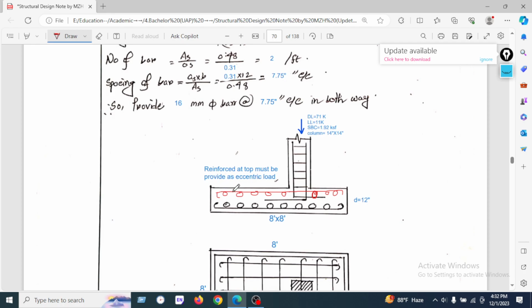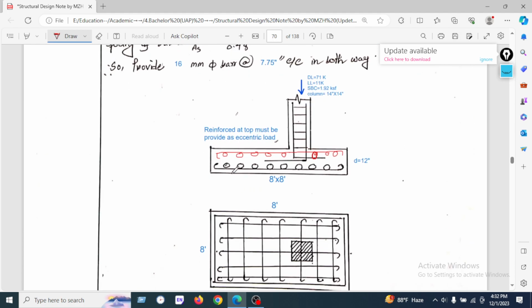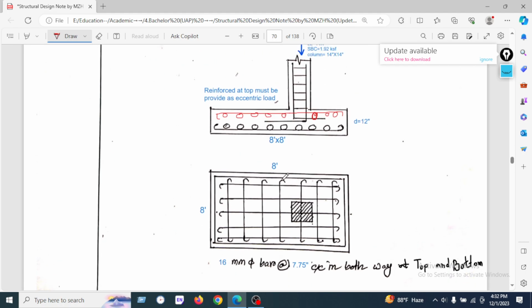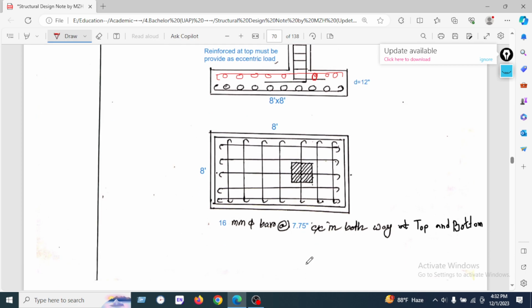We have to use top and bottom both, because there will be lots of twisting or movement induced here. So here is our final detailing. Here is 16 millimeter bars at 7.75 inches center to center both ways in top and bottom.